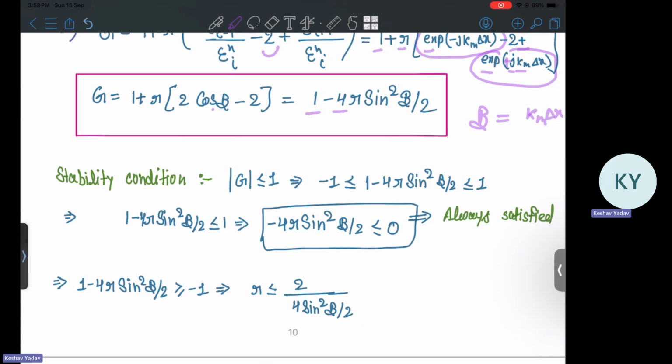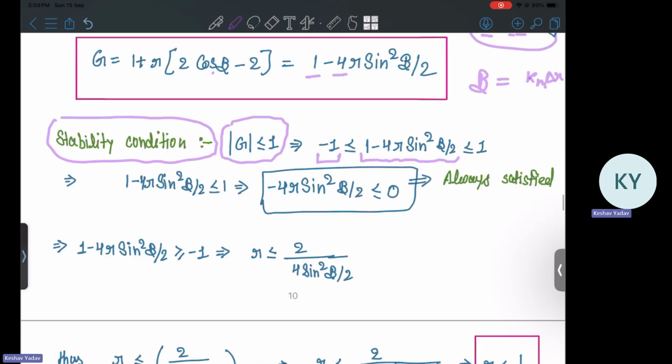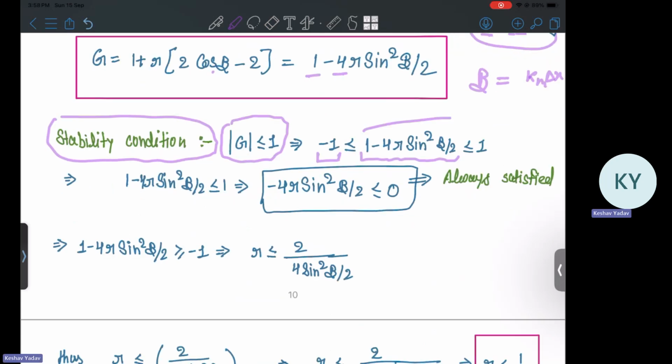So the stability condition says the modulus, or absolute value, of the growth factor should be less than or equal to 1. It means 1 minus 4 r sine square beta by 2 should lie between minus 1 and plus 1. Suppose we take the first one: 1 minus 4 r sine square beta by 2 is less than or equal to 1.